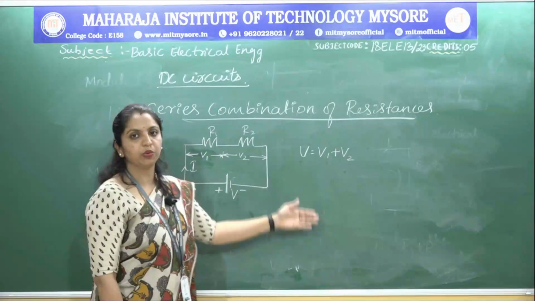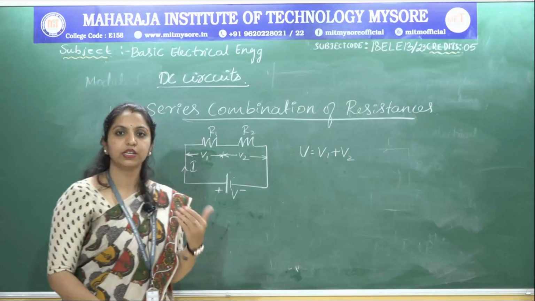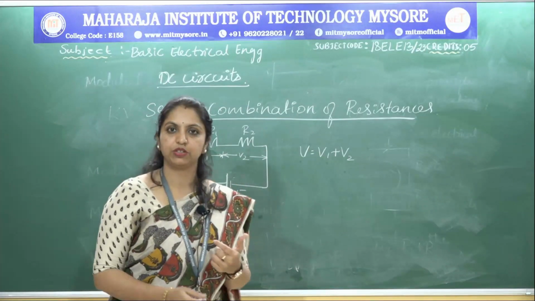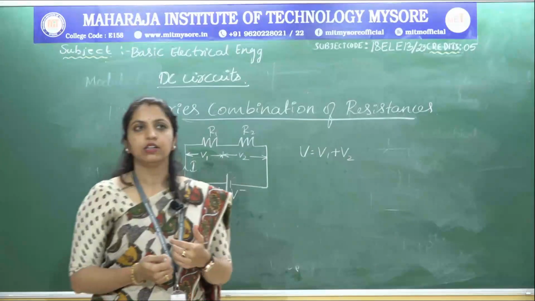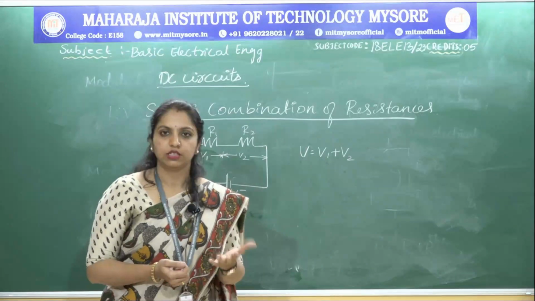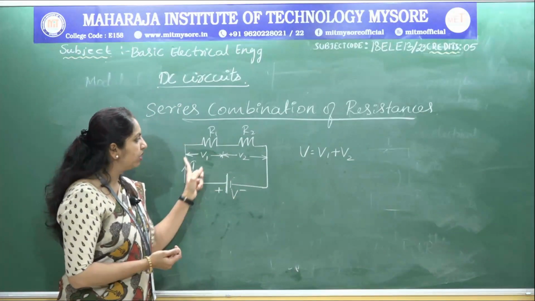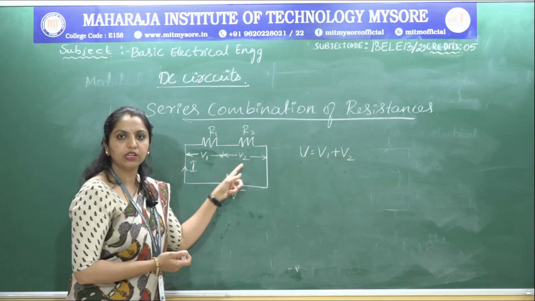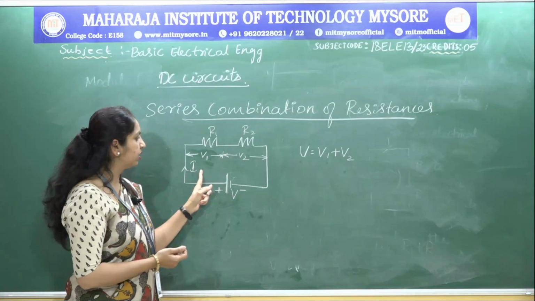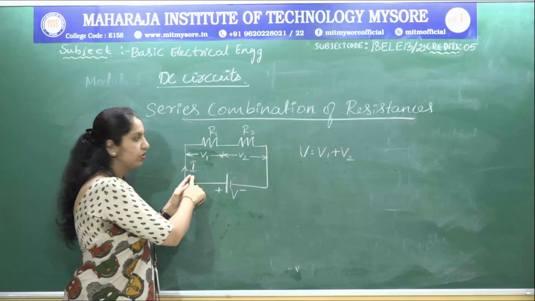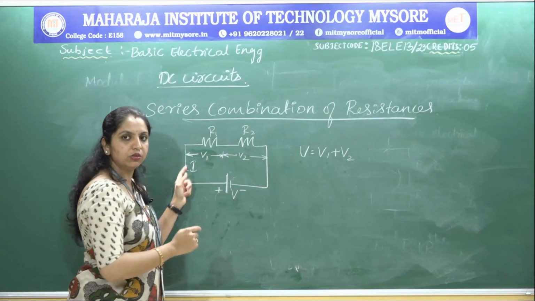Before I write the equation again, you need to understand some of the characteristics of series combination of resistances. So what are those characteristics? The main characteristic in this circuit is the current remains the same through all the resistors. The first characteristic is the same current flows through R1 as well as through R2.